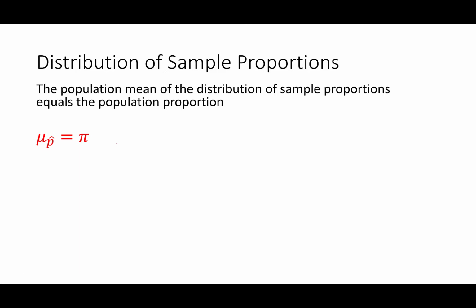Now, we saw in that simulation that if we have some distribution that we're interested in, and we're interested in the population proportion of this distribution, we'll call this a success, the population proportion of successes, and this a failure. Right? What happens is we're actually not using this distribution to study it.